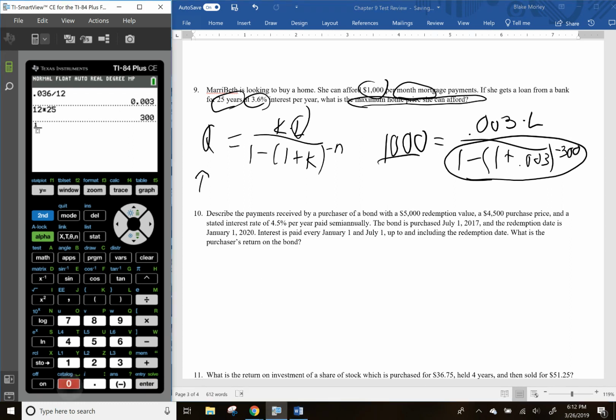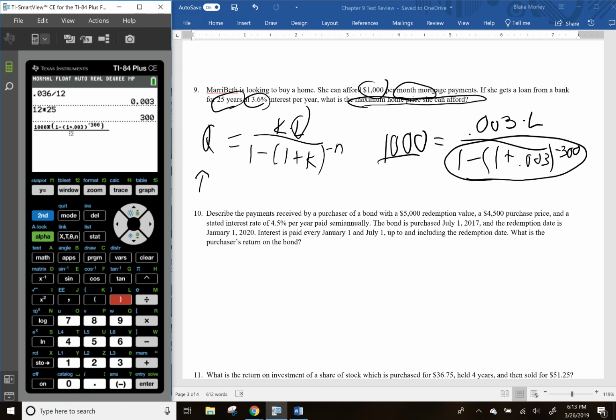So I'm going to have a lot of parentheses here. 1 minus, and then another parenthesis, 1 plus 0.003. Close that parenthesis, raise that to the negative 300 power, and then close that parenthesis.